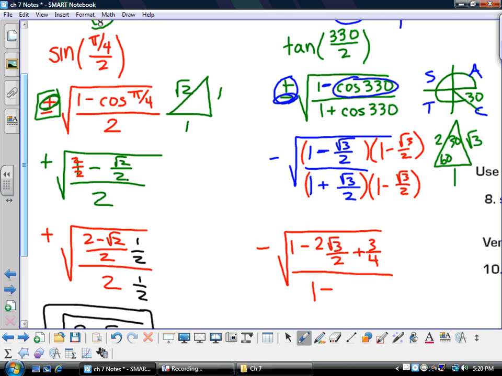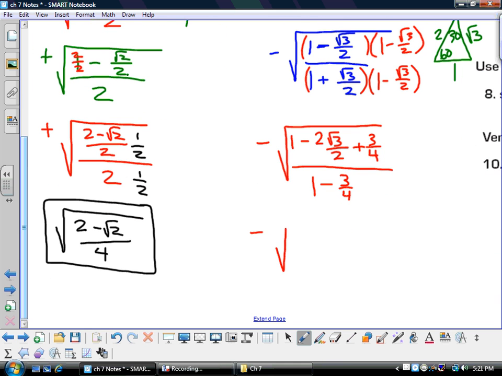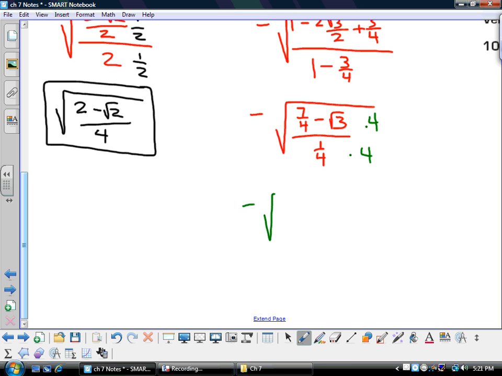And on the bottom, I get 1 minus 3/4. Combining like terms, that is 7/4 minus square root of 3 over 1/4. Multiply by 4 to get your final answer.